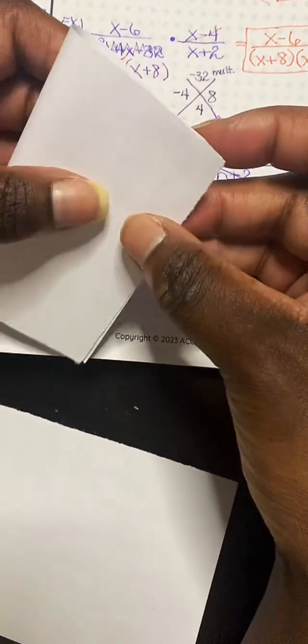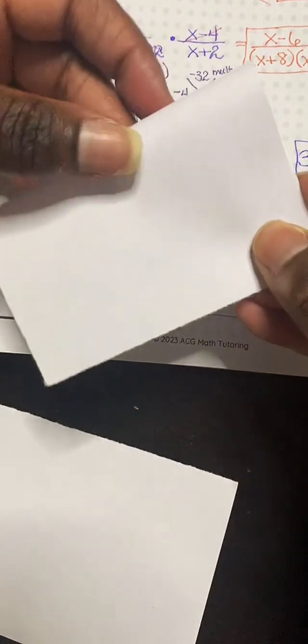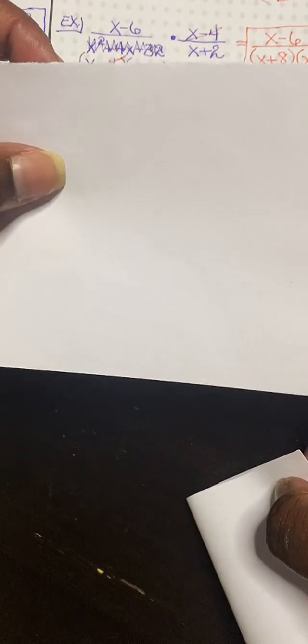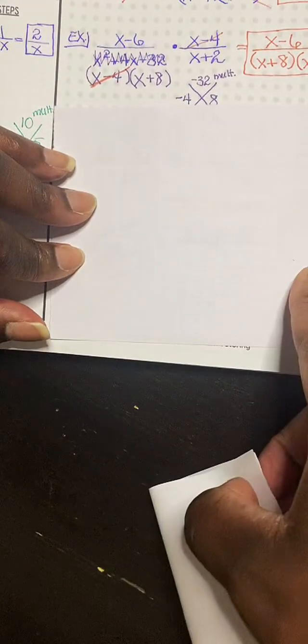If you're not strong with your multiplication, you can get a sheet of paper, put it into little folds, little squares, and literally make your own multiplication cards.